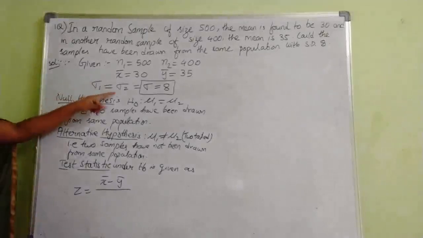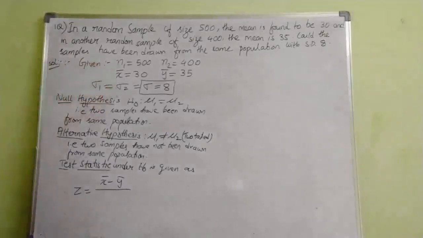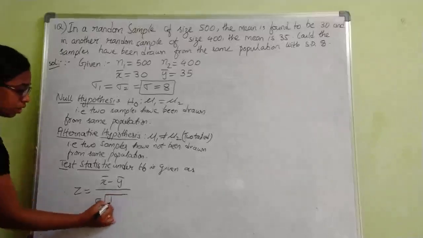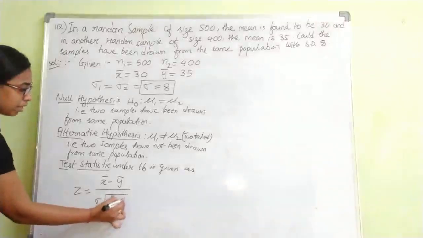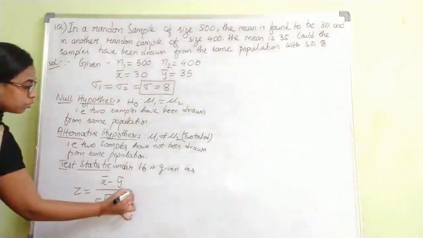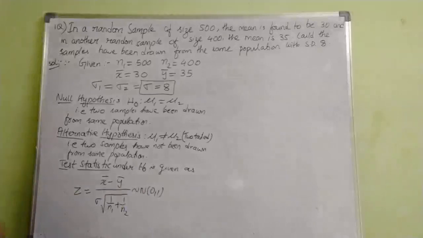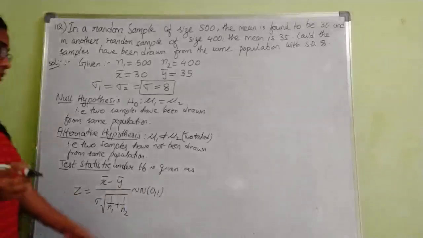Sigma 1 square equals sigma 2 square equals sigma. So we will be writing sigma into root over 1 by n1 plus 1 by n2, which follows the normal distribution with 0, 1. Now we'll substitute all the values.